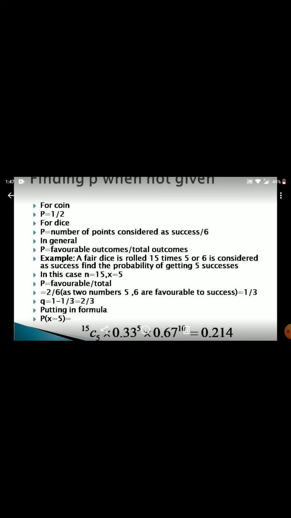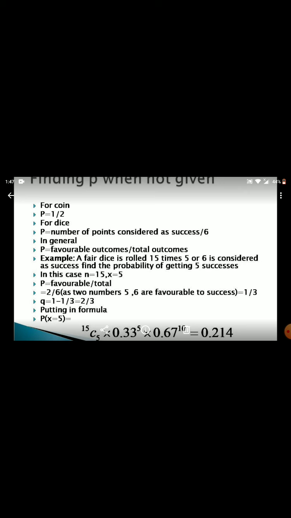And a dice has 6 possible outcomes. As we look into the basic definition of probability, that probability is equal to favorable outcomes over total outcomes. अब dice पे जो total outcomes होते हैं, that is 6. The possible outcomes are 6. And what you have to do, you have to find the probability p for dice.